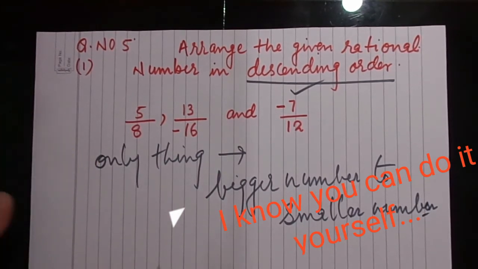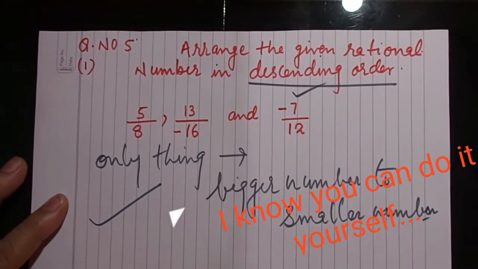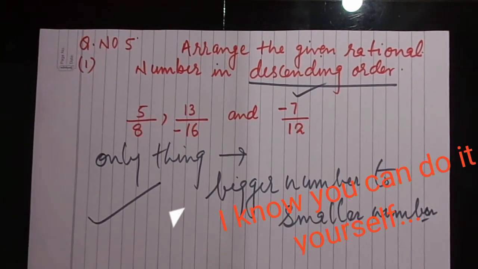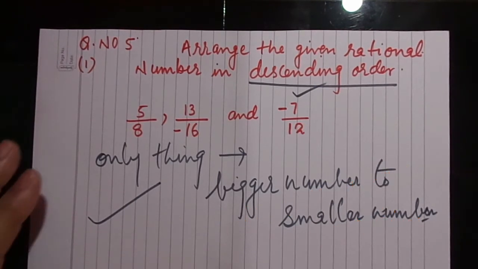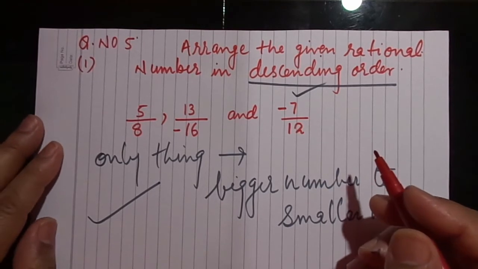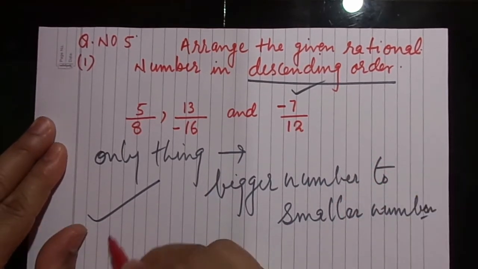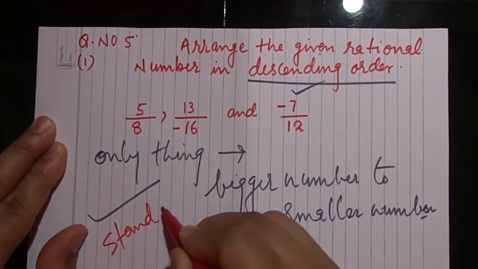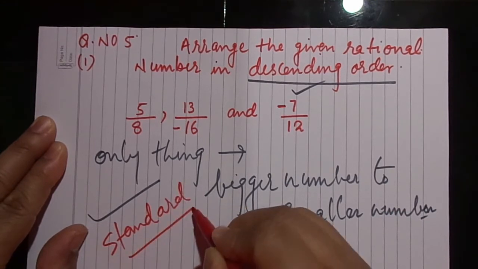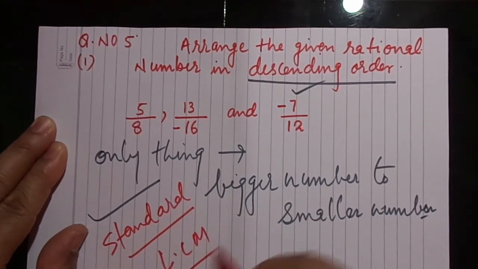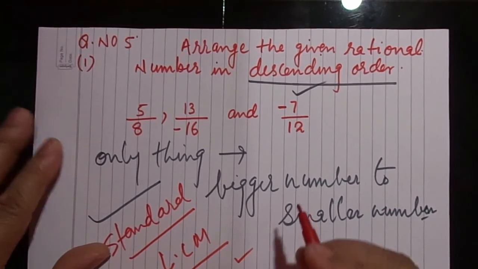Okay, I think you don't have any issues over here. But before you continue, please remember that you need to change this into standard form first, then take out the LCM. I hope you will do this by yourself.